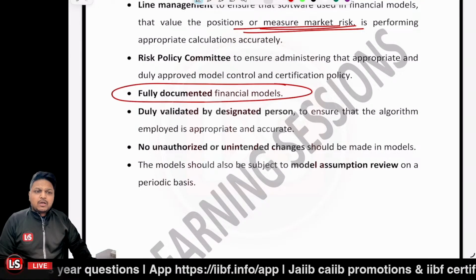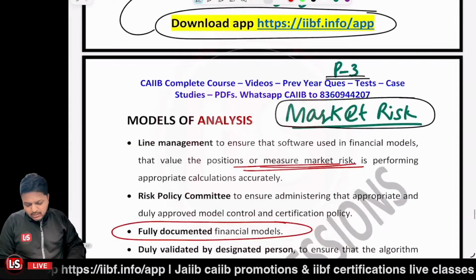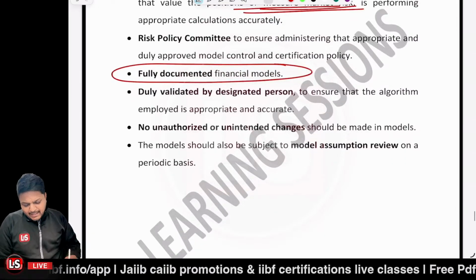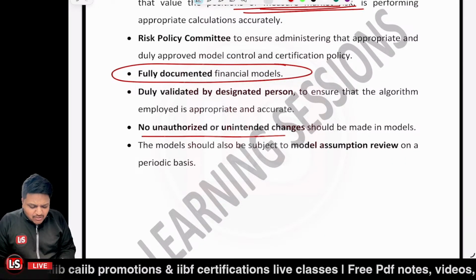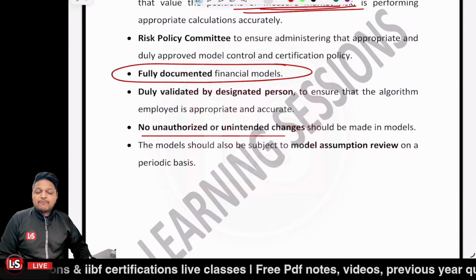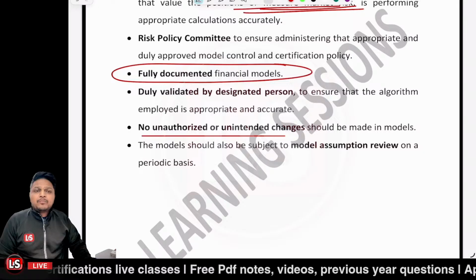So through that we cover each and everything. It's about the models of analysis, and there should be no unauthorized or unintended changes to those particular models, and if any single change is made, that should be documented properly.